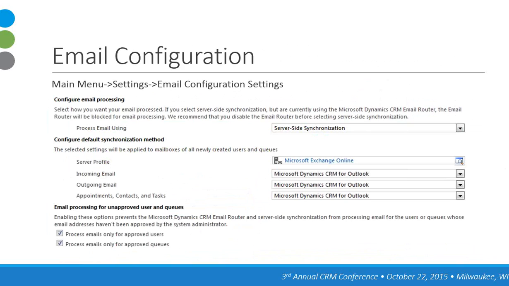CRM itself has no way to send an email out, so it needs something in between to send that email for it. There's a few options under process email using here, and then again we'll get into the server profile, incoming mail and outgoing mail, and appointments, contacts, and tasks for synchronization.